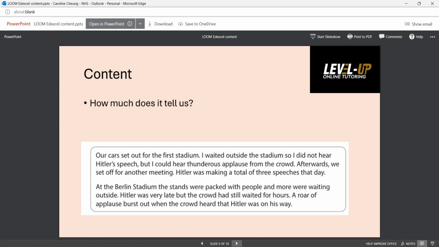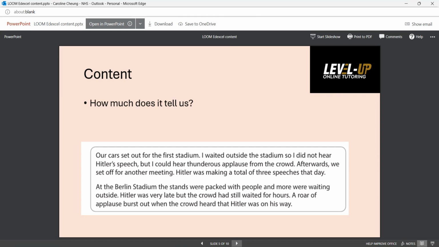It says the crowd had still waited for hours, and a roar of applause burst out when they heard he was on the way. So his speeches are very popular. People are prepared to wait for hours to hear his speeches. So it doesn't tell me what was in his speech.